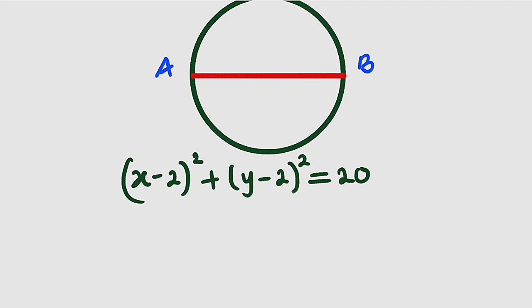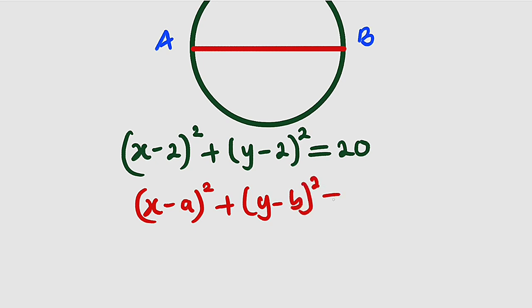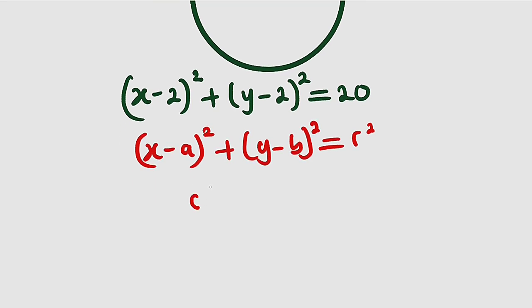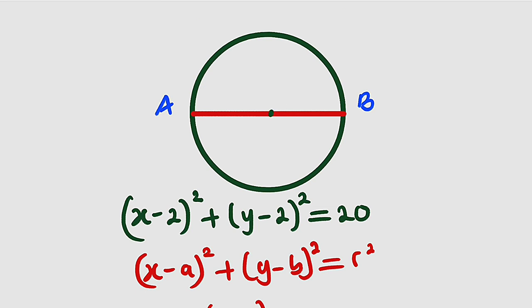And you should also remember the standard form of the equation of a circle, which is (x minus a) whole squared plus (y minus b) whole squared equals r squared, where the center of the circle is always the coordinate (a, b). So if we relate these two equations, we can see that the center of this circle will be (2, 2), for which a is equal to 2 and b is also equal to 2. So we can declare this center as (2, 2).